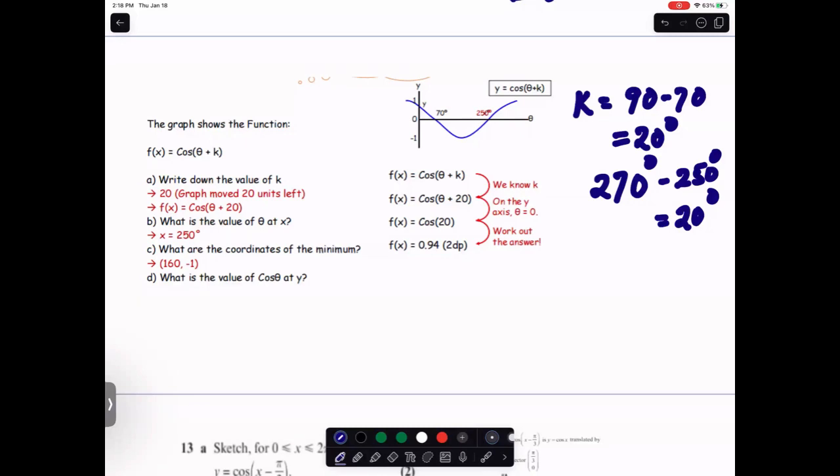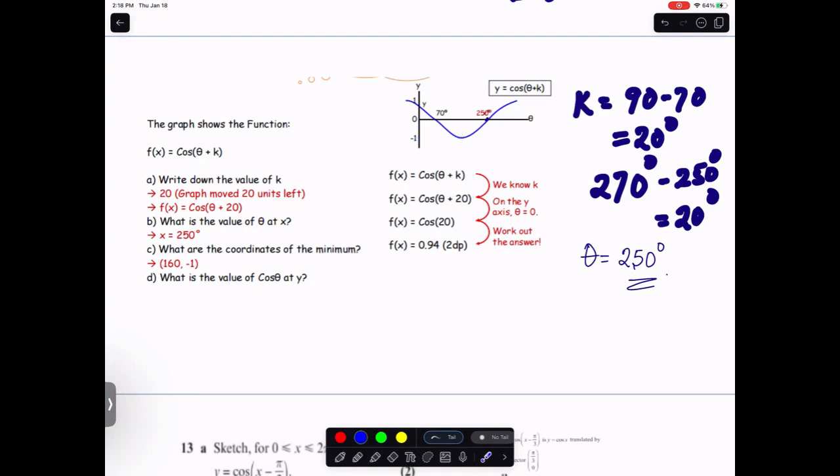So next we are looking for the value of theta at x. What's the value of theta at our x? So we have the value of our angle at x here. At this point here, theta is equal to 250 degrees. Then what are the coordinates of the minimum point? We have those minimum points here. This is our minimum point.